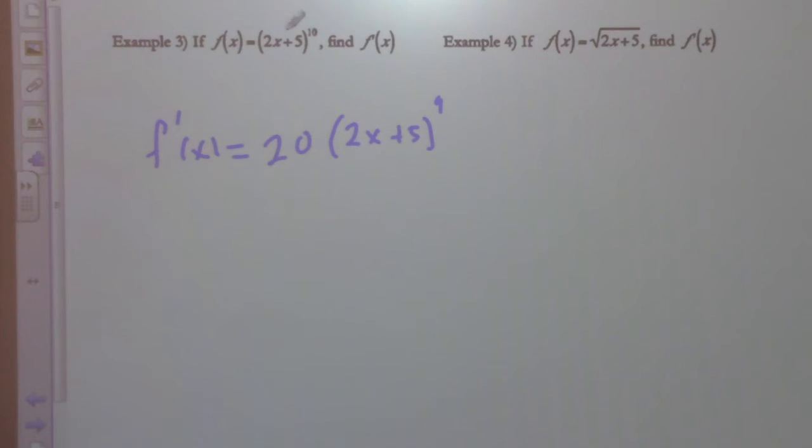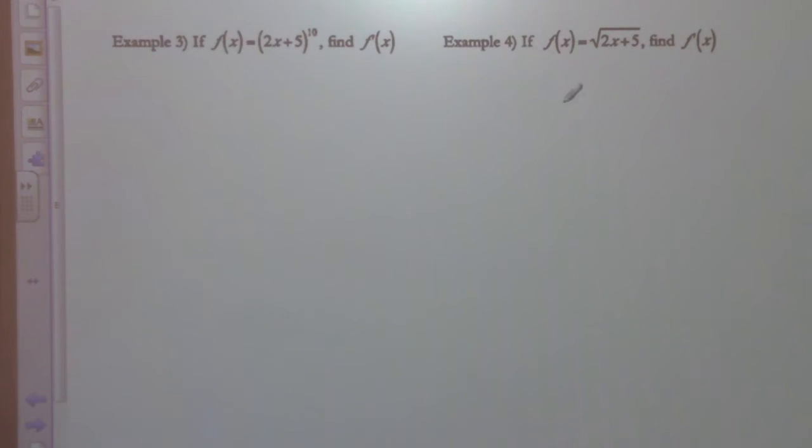Yeah, because the derivative of the inside is 2, and 10 times 2, so that's it. But now we come to this guy over here, example 4. And again, we could have expanded this out. Now, it would have taken half the class period or more to do it, really. So this definitely made our life easier.